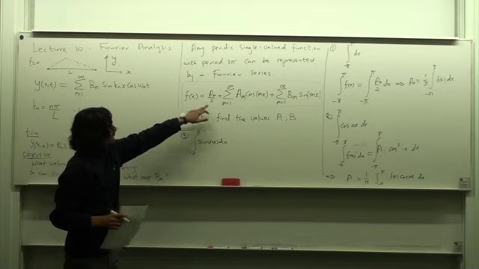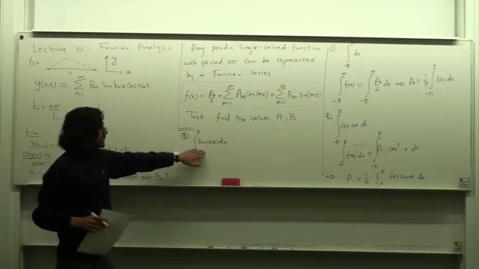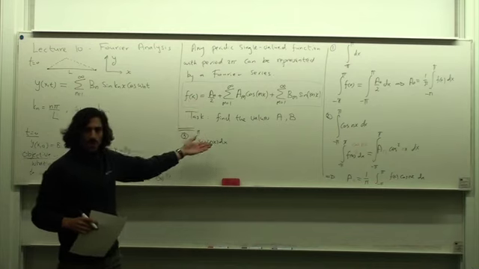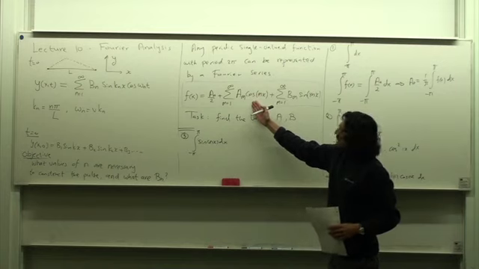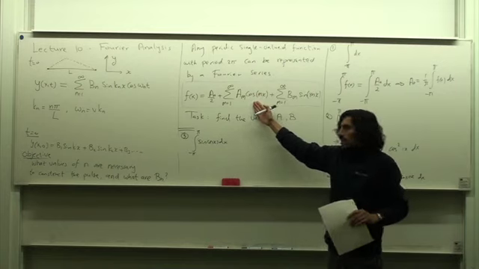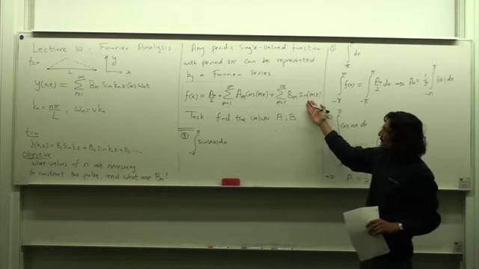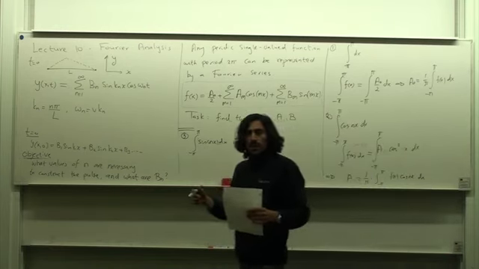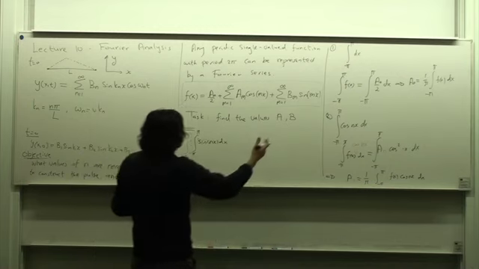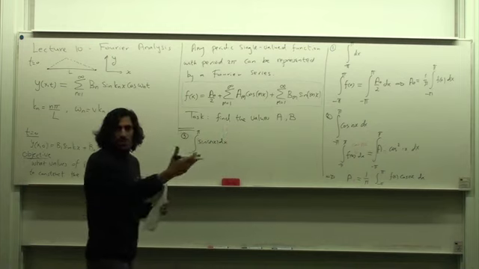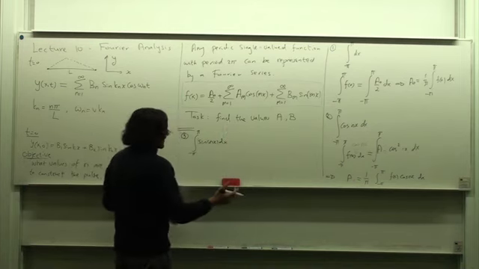So when we multiply the a0 over 2, we have a sine there, for the same reason as before. We integrate over one period, that gives us 0. Sine times a cosine is always 0 for any n and m. Sine times a sine also gives a 0 when n is not equal to m, and the only place where it's not 0 is when n is equal to m. And in that case we have a sine squared of nx, which gives us a half.